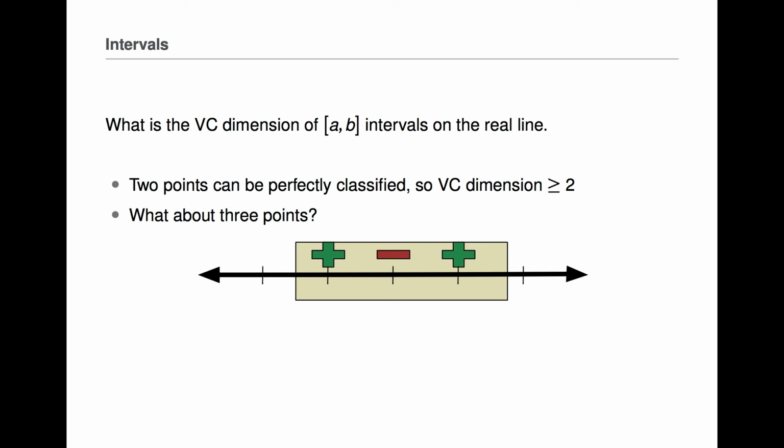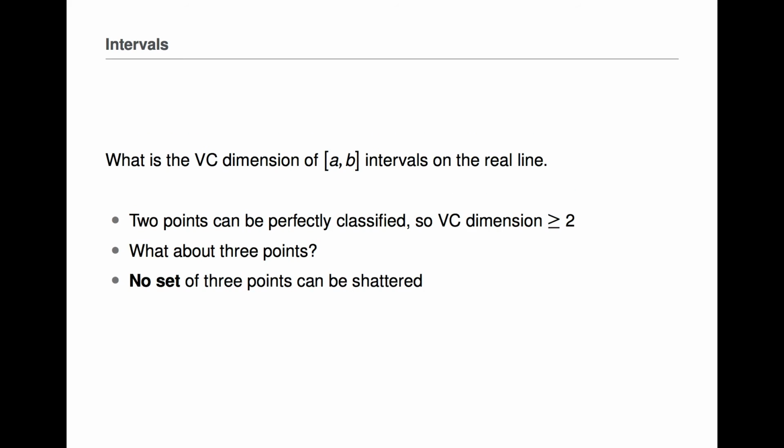And the middle point can never take on a negative if the other 2 points on the extremes are positive. So no set of 3 points can be shattered. That means that the VC dimension is 2 if your hypothesis set is closed intervals on the real line.